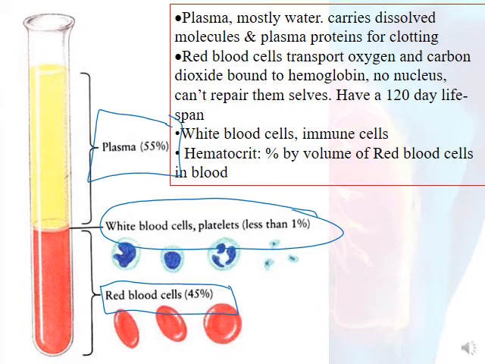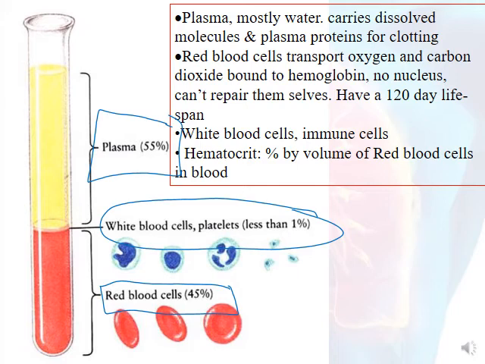Plasma carries dissolved molecules and contains plasma proteins for clotting. White blood cells and platelets represent less than 1%, and the red blood cells represent about 45%. They transport oxygen and carbon dioxide bound to hemoglobin, with the symbol Hb. Red blood cells are anucleated.